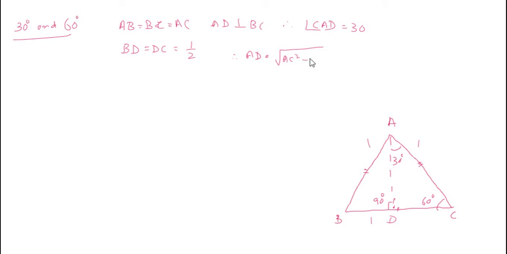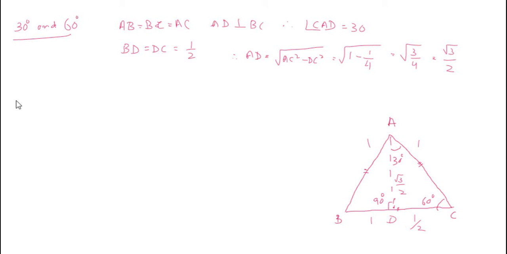Now AC square is 1. DC is 1 by 2, so DC square is 1 by 4. So this is square root of 3 by 4, or we can write it as root 3 by 2. So AD is root 3 by 2. DC is half.